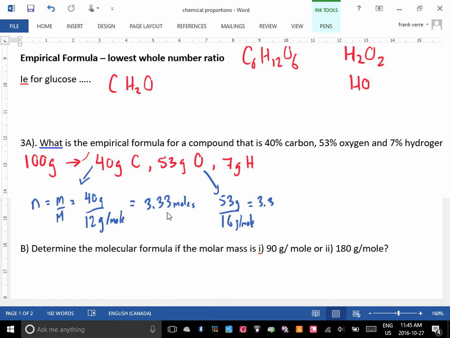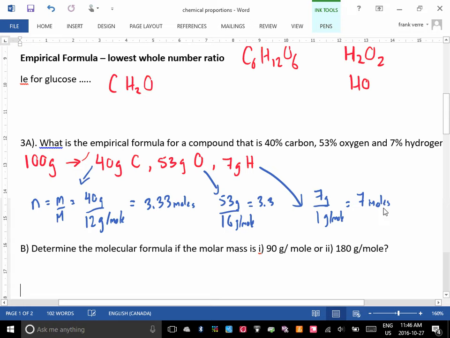Now let's look at hydrogen. What would be the number of moles of hydrogen? Well, it's 7 grams over 1. So that's 7.